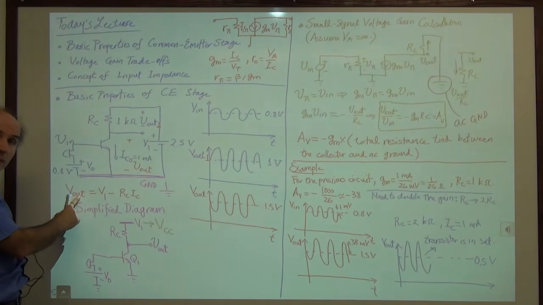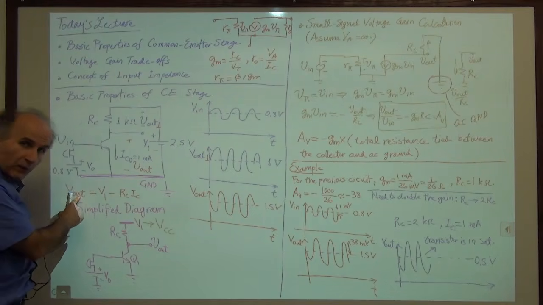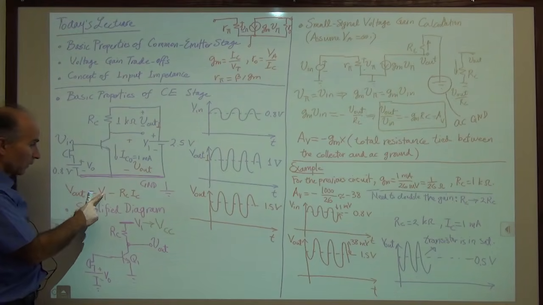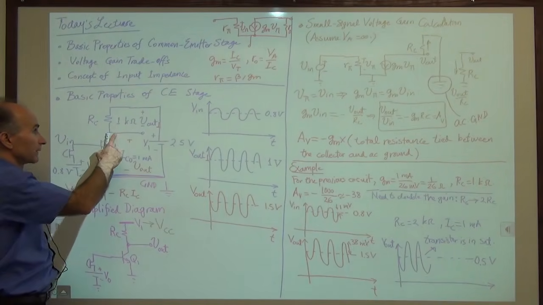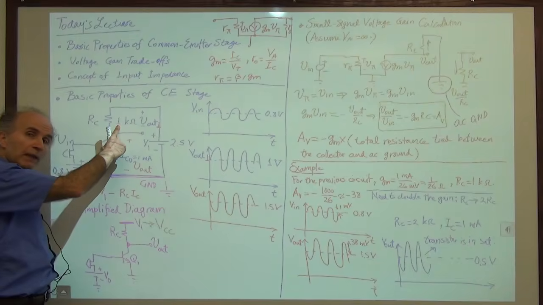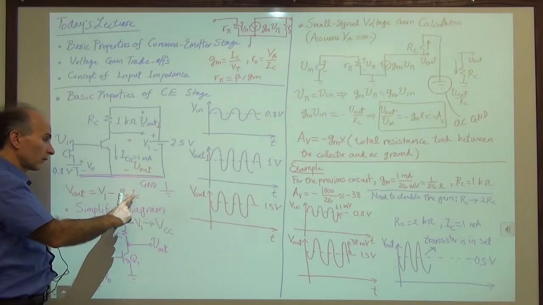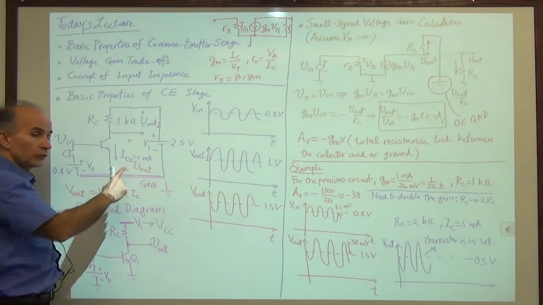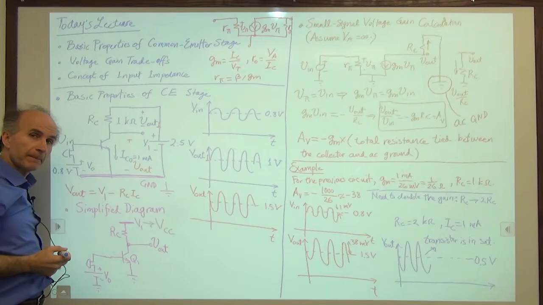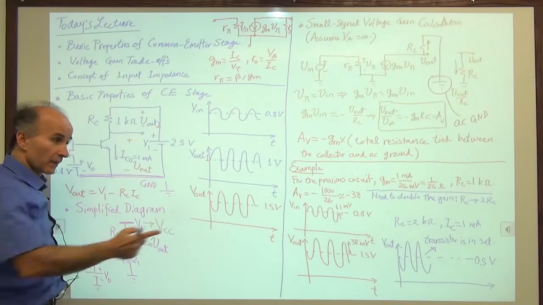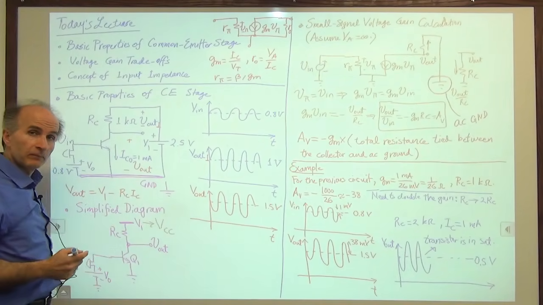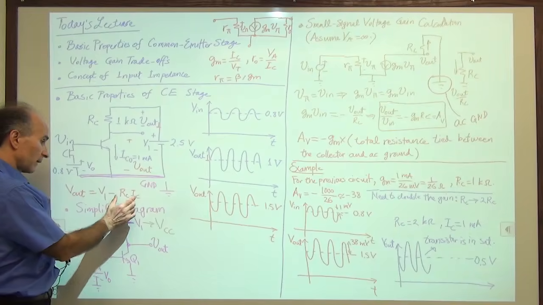We said V out, for example, without any signals, is equal to V1, this battery here, minus this drop. So we keep RC at 1 kilo ohm, but we go from 1 milliamp to 2 milliamps. Does the situation get better than what we had there? No, not really, because this is a product.